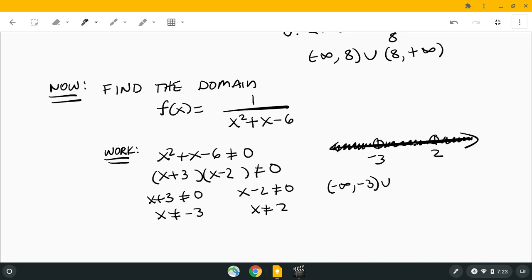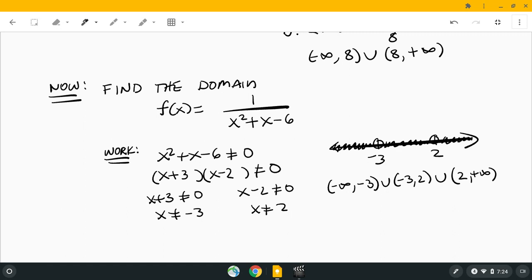This middle region is from negative 3 to 2, but not including them, so again, use parentheses. And this third region over here is from 2 to infinity, but not including 2, so use parentheses.